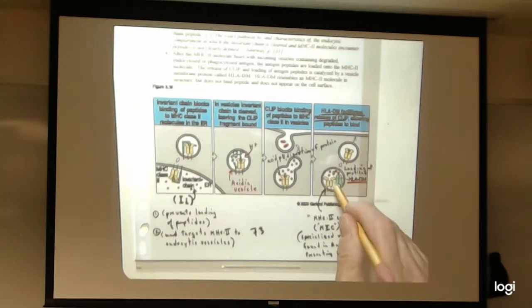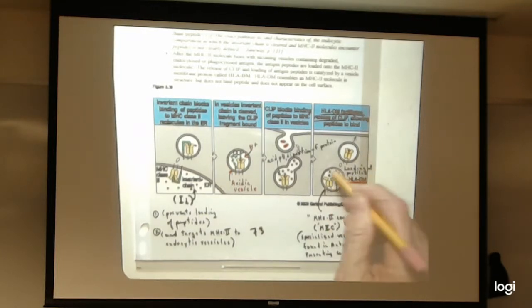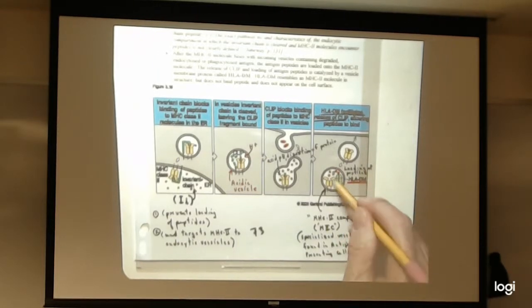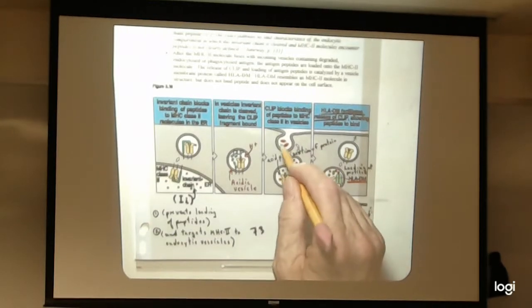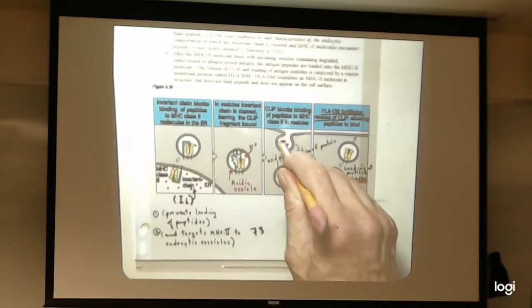It resembles the structure of an MHC molecule, but its main job is to cause the class 2 molecule to open up, spit out the clip peptide, and now it's free to take up, if it can, one of these peptides from the degradation of an extracellular bacterium or large particle. Okay?